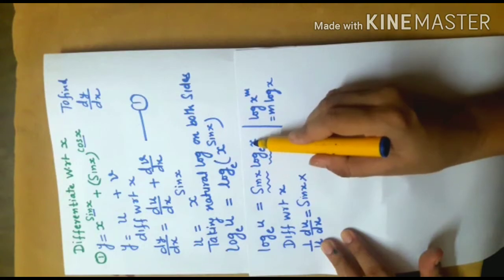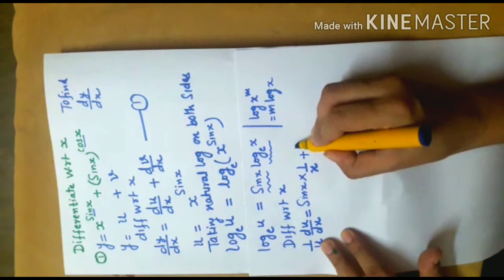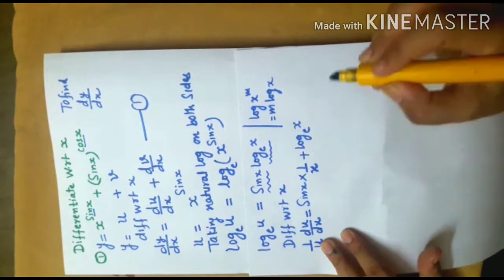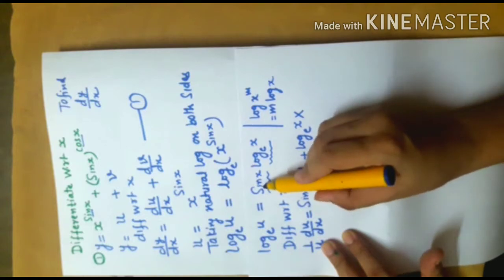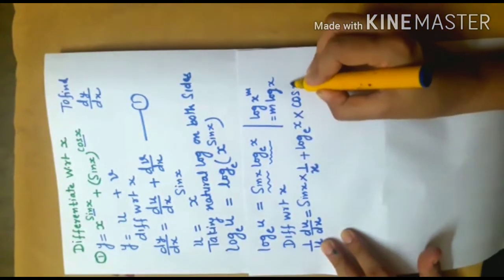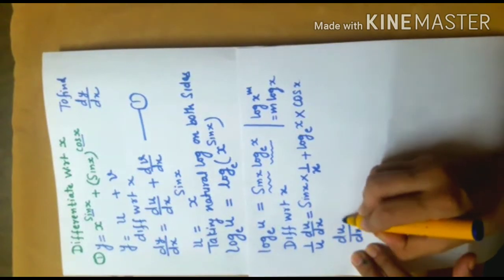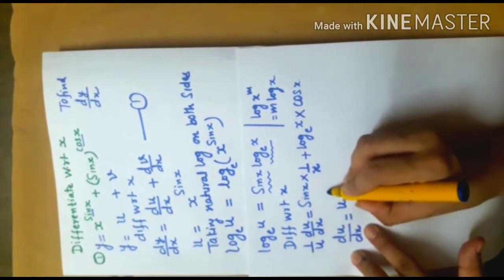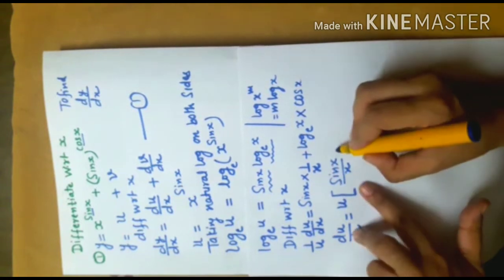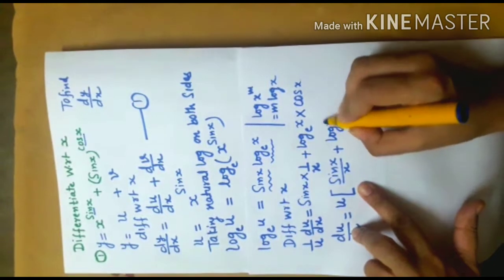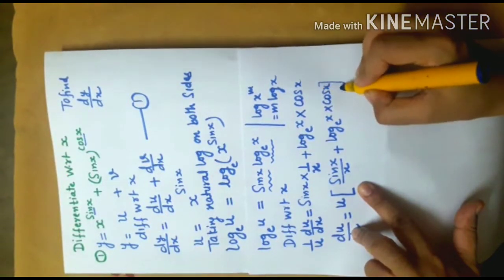The derivative of natural log x is 1 by x, plus the second function, that is log x, into the derivative of the first function. The derivative of sin x is cos x. So from here du by dx will be equal to u times sin x over x plus log x into cos x.